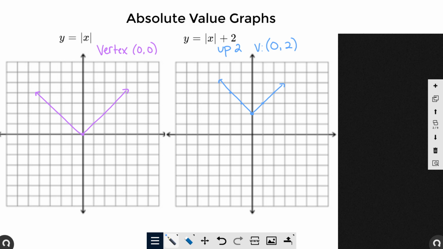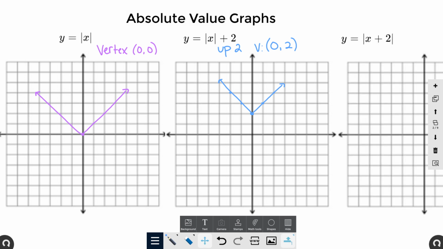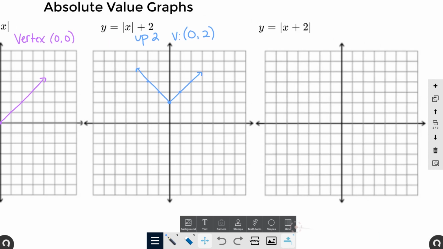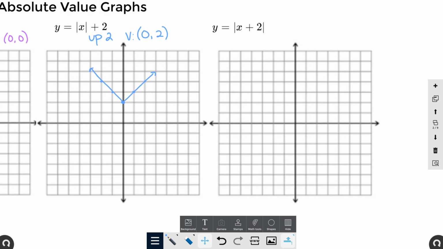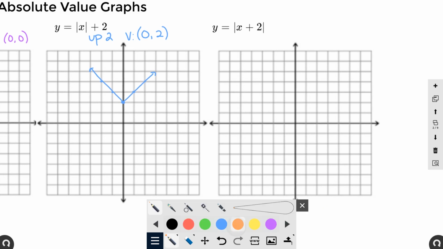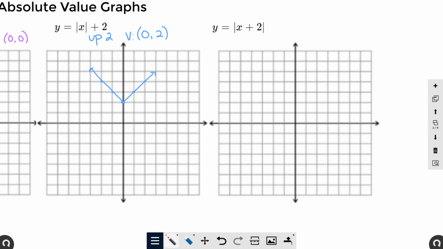And so there's our V shape. What do you think would happen if I had a minus 3 at the end here? It would go down 3. So let's try to see what would happen if we put a plus 2 inside the absolute value now for our third problem.